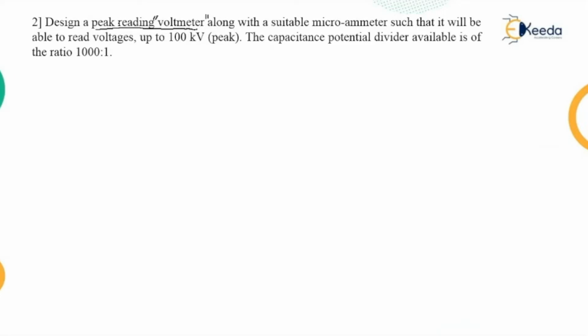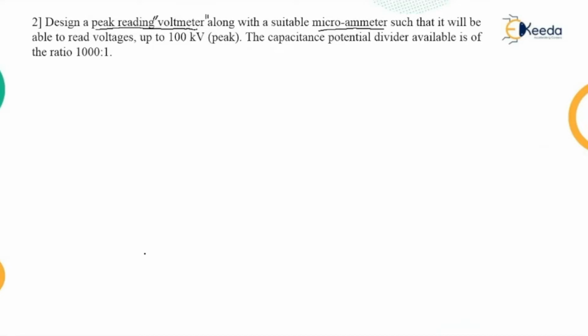So we have to design a peak reading voltmeter that can read the peak value of the pulse or waveform, along with a suitable microammeter, such that it will be able to read voltages up to 100 kilovolt peak. The capacitance potential divider available is of the ratio 1000:1.